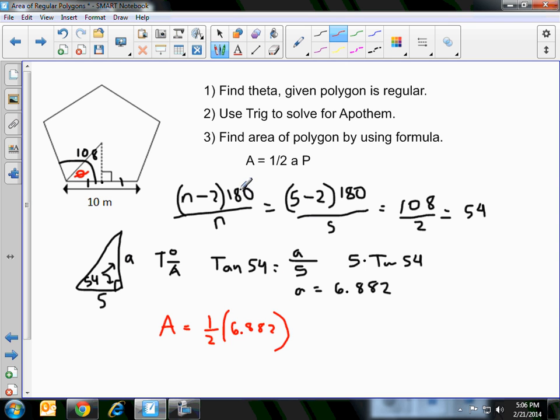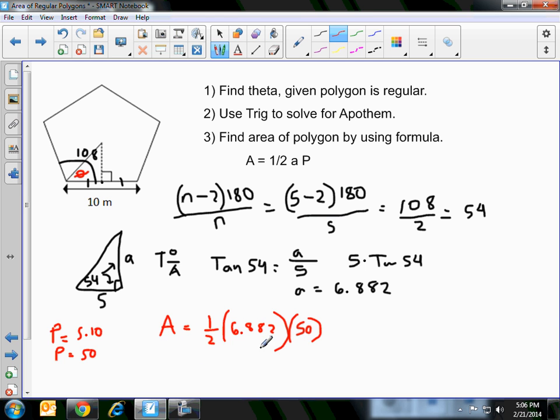Now the perimeter is simply the sum of all the lengths around. Since the polygon has 5 sides, each of the sides is 10, that means my perimeter is simply 5 times 10. So I'm going to put that in last.